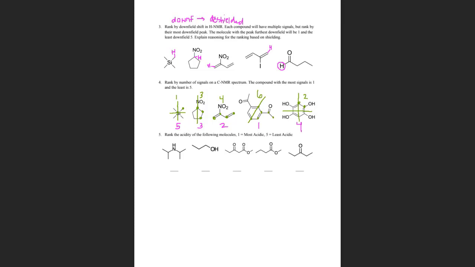When you have more electrons surrounding your protons, you're going to have more shielding. The most shielded would be this silicon structure right here, because you have all of these hydrogens coming off. So that would be your most shielded. Hold on, I got the number wrong.